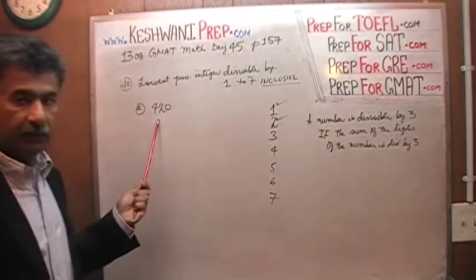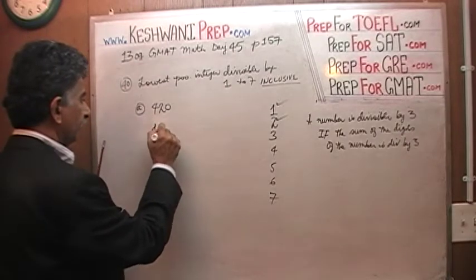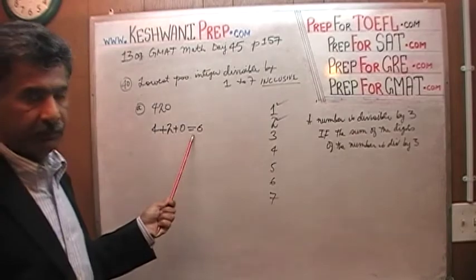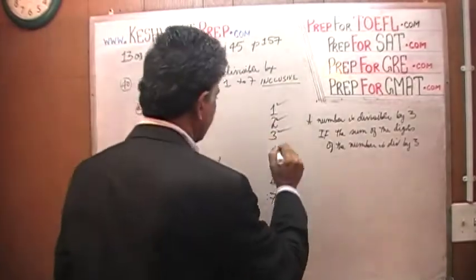What is the sum of the digits in this number? The sum of the digits is 4 plus 2 plus 0, which is 6. And since 6 is divisible by 3, 420 is divisible by 3. So that works. How about 4?